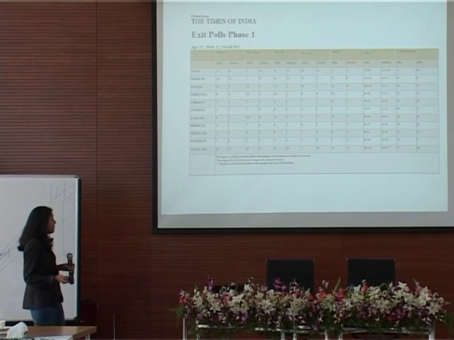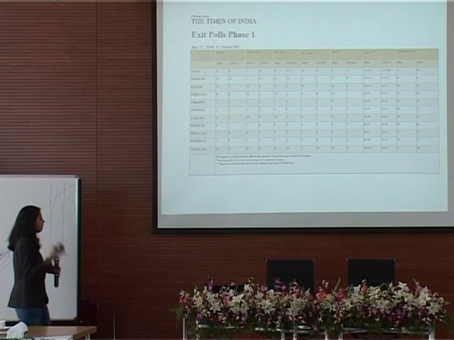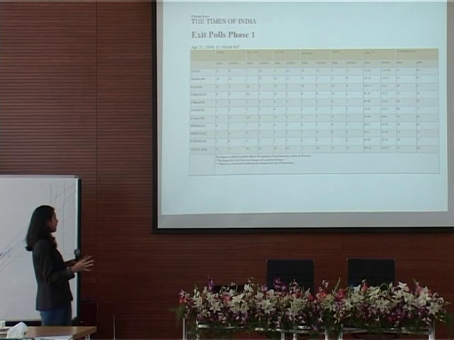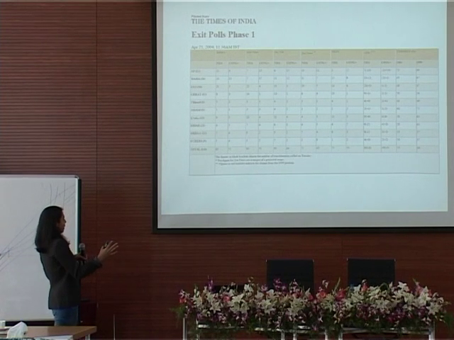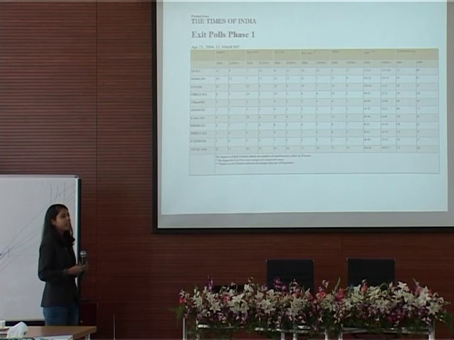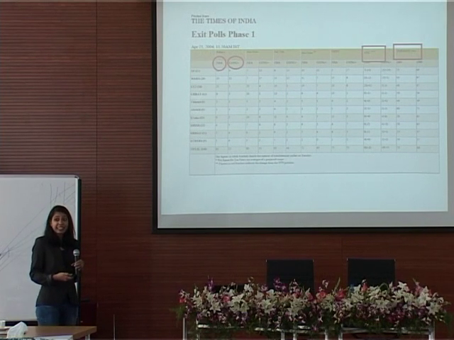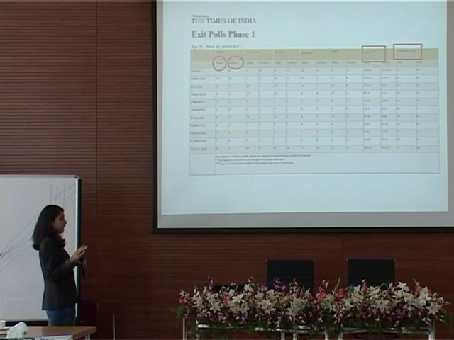Okay, so what kind of information do voters get due to exit polls? This is just a snapshot of what one of the national newspapers had printed after the first phase. The important thing to note is that these are exit poll figures for the predicted number of seats that every alliance is expected to win.